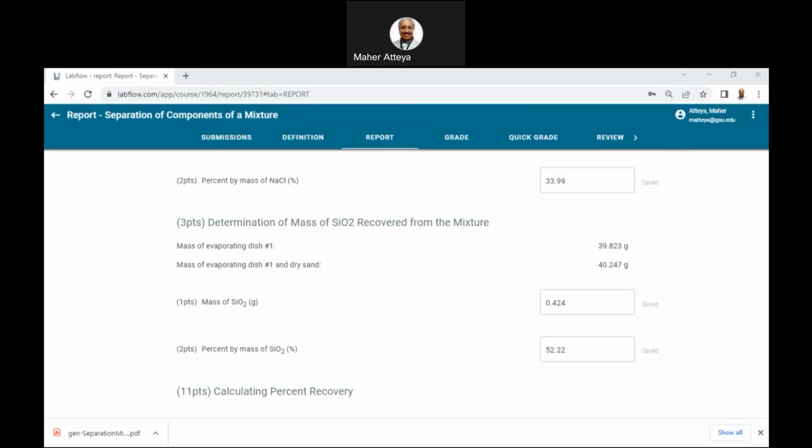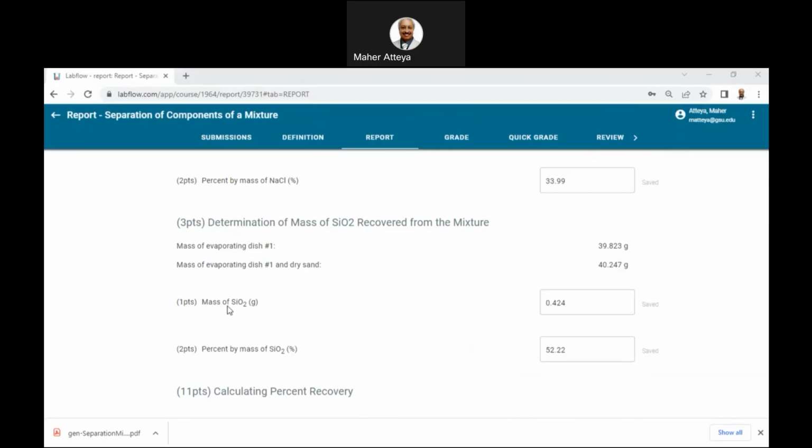Grams, plus the mass of the sand is 0.424 grams. Let's add them up and see how our experiment is doing. We hope we are close to the original one.